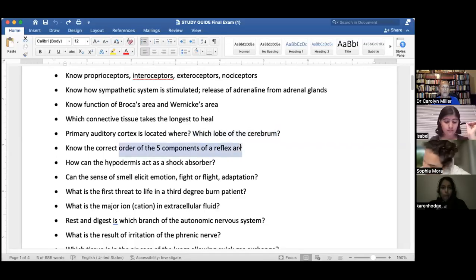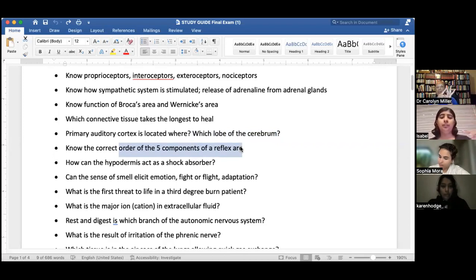No, the order of the 5 components of a reflex arc. That was on the most recent exam. The 5 components are: first, something changes within our environment, and we have a receptor that detects the change. So the first part is the receptor. Then there is sensory input or afferent input to the brain.